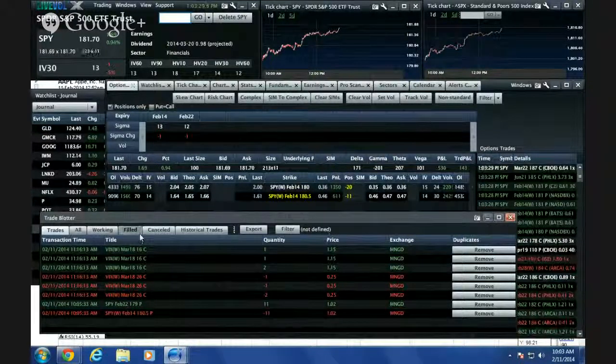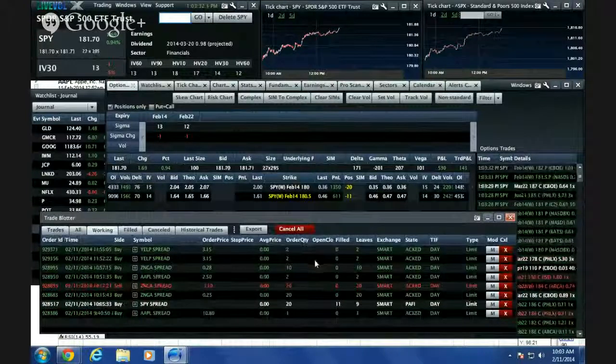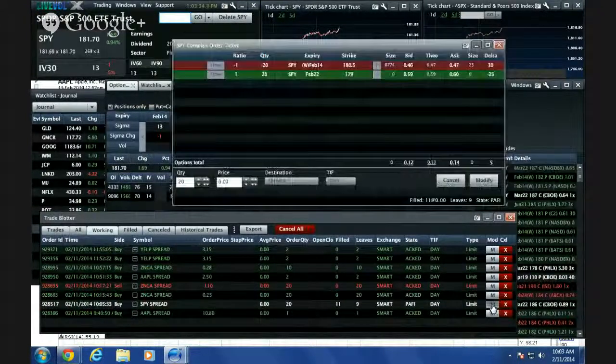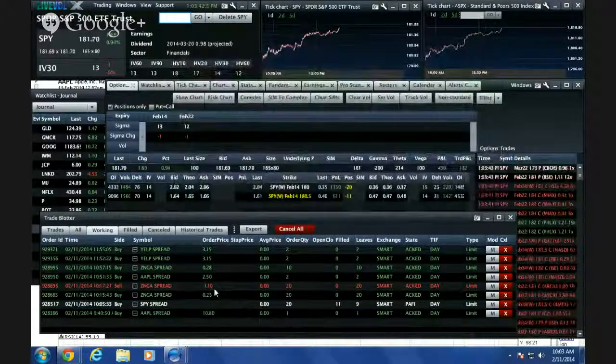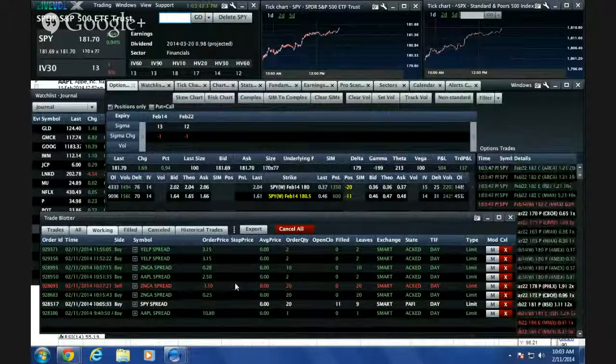Now, the amount of trades that I was actually working, you can see right here, I only got filled on 11. So I still have 9 out there, but most likely I'm not going to get filled because the market's up substantially. And my whole thinking of doing this is I like to buy options, and I think most of us do, but the problem is they have decay and they're expensive.